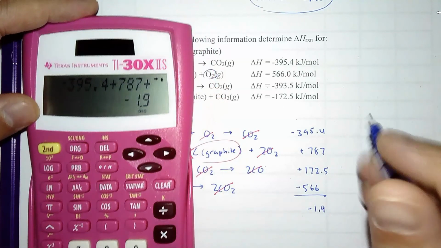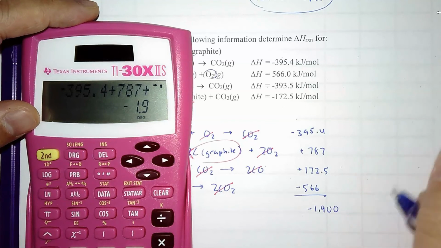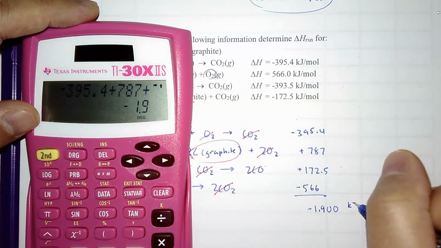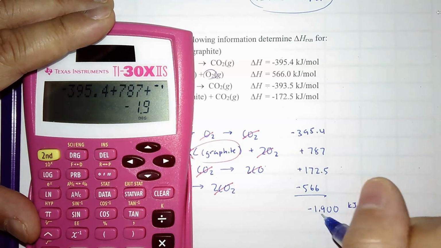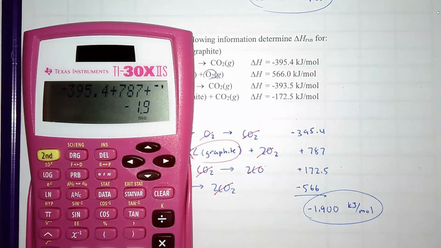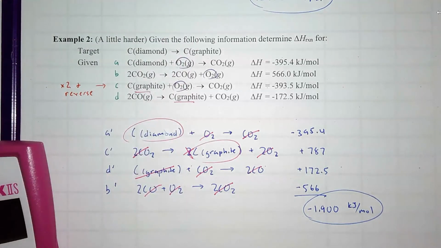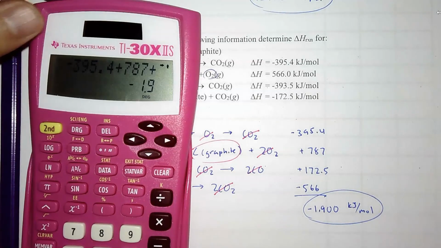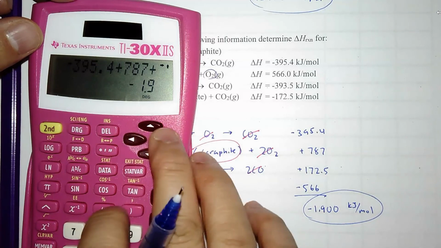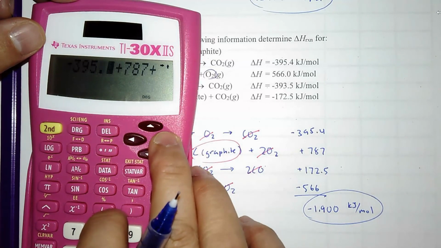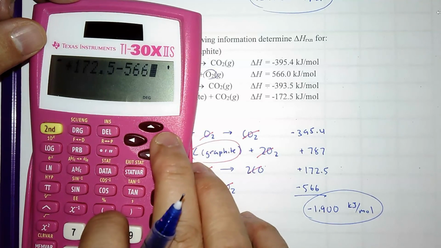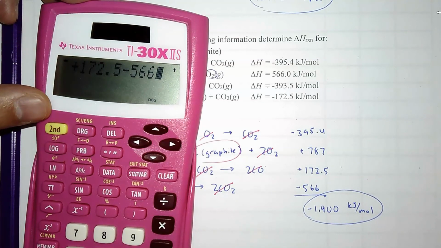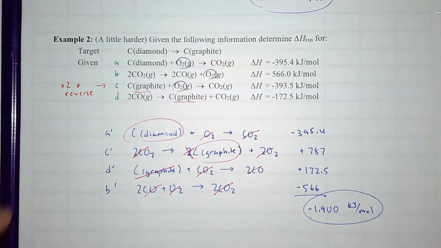I'm going to add 2 more sig figs. Kilojoules per mole. It is slightly exothermic. That's interesting. Okay, double check my math again. 77 plus 172.5 minus 566. Okay, negative 1.90 kilojoules per mole.